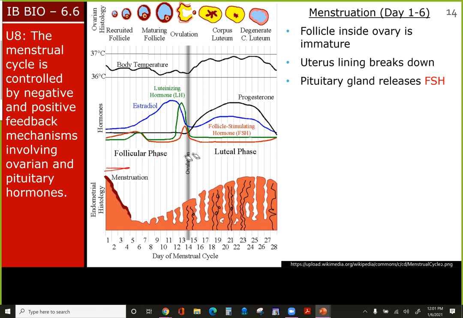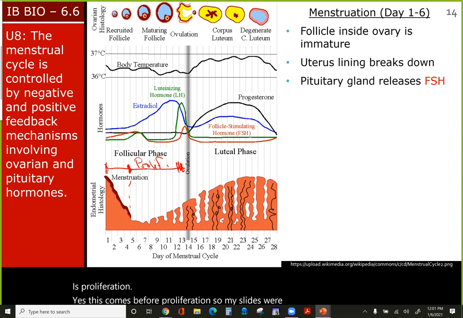It's really messy. Menstruation, and you can see menstruation kind of stops there. And then from here to here is proliferation. Yes, this comes before proliferation. So my slides were backwards.